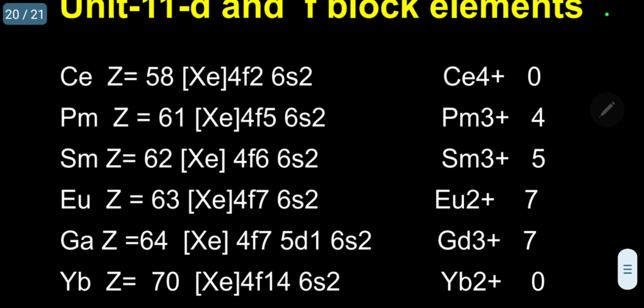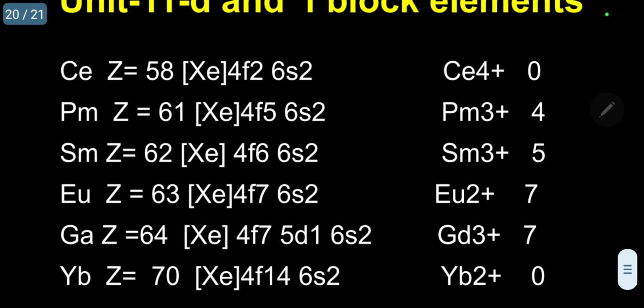See here, cerium is 58. So this is the way. Ce 4 plus is 0: 6s2, 4f2, total 4 electrons removed. Then next, Pm, Z equal to 61: within bracket xenon, 4f5, 6s2.